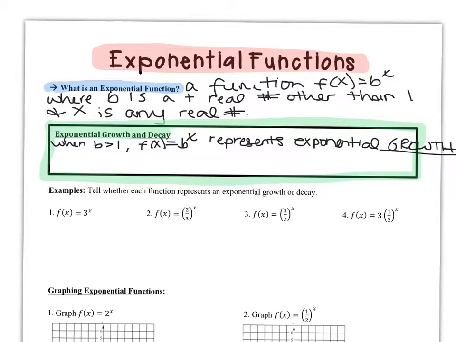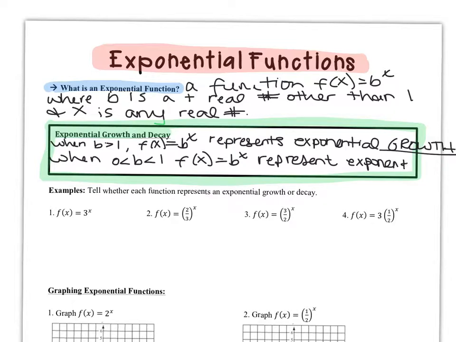So when b is greater than 1, so when b is a whole number, 1, 2, 3, 4, anything bigger than 1, it could even be like 1.7, it's going to be an exponential growth. And when b is between 0 and 1, f of x equals b to the x power is going to represent exponential decay, which means something is declining exponentially.